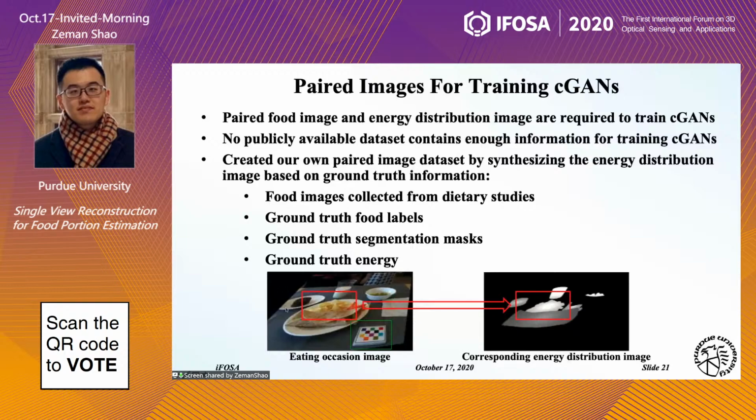Below is an example of how we generate the corresponding energy distribution image. The chip region is mapped to the energy distribution image region. The fiducial marker is also used for image rectification.